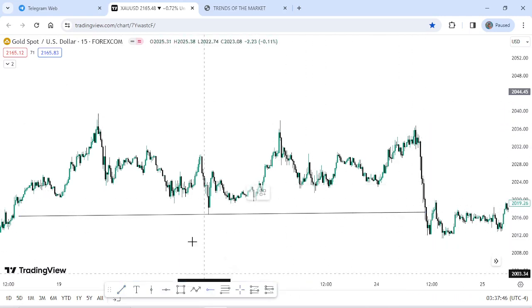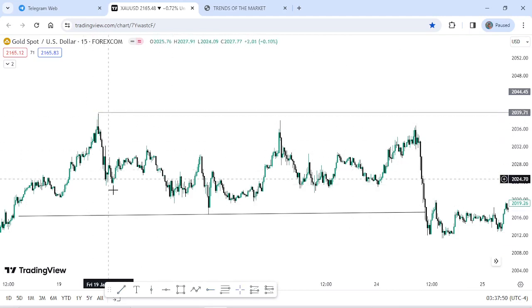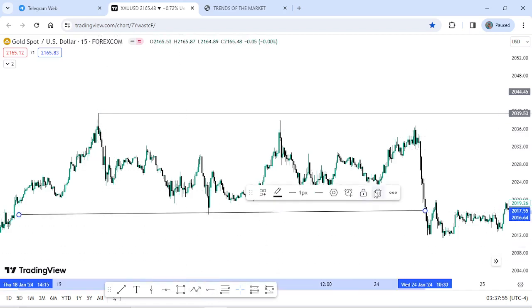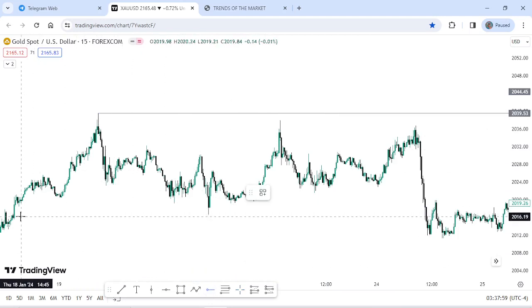Let me just use my horizontal line so that the line will be more straight. Okay, so I'll take this and I'll use the horizontal ray for this.